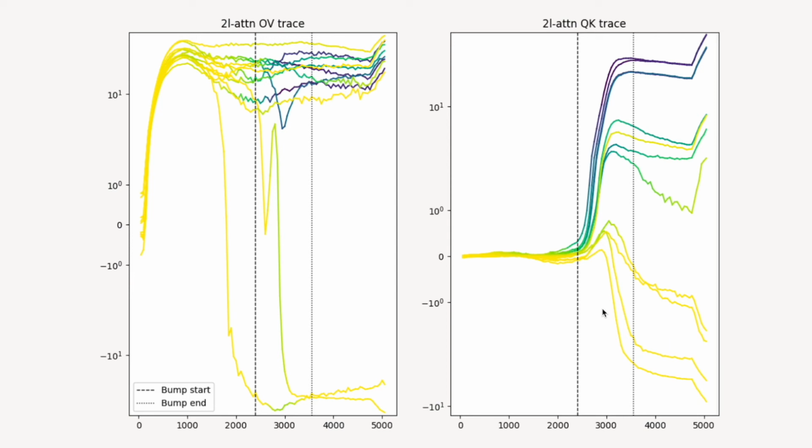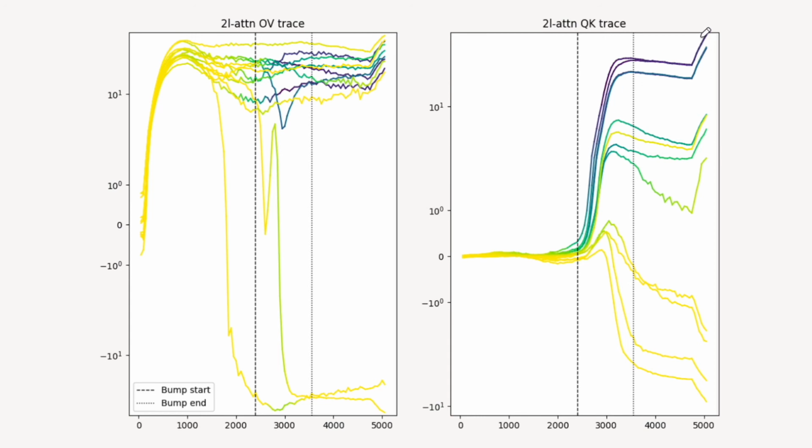And what really jumped out to me is that the copying-like behavior didn't change very much over the course of the bump, for the most part. It seems like some heads did change what they were doing, but they mostly specialized away from copying-like behavior in that range. What's very striking is it's this second-order QK behavior that substantially intensifies over the course of this development.